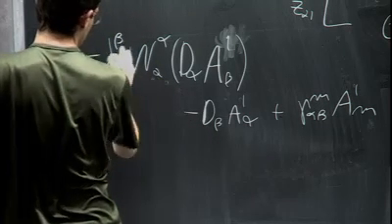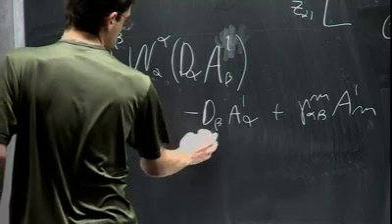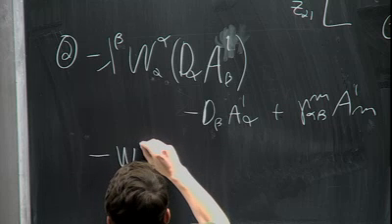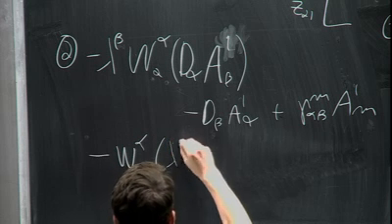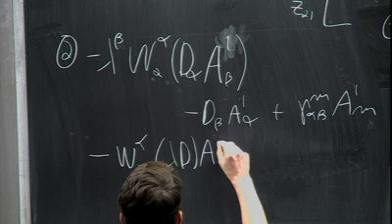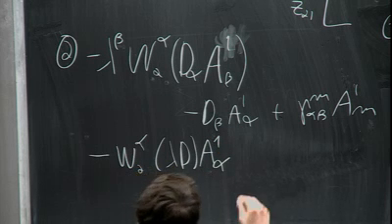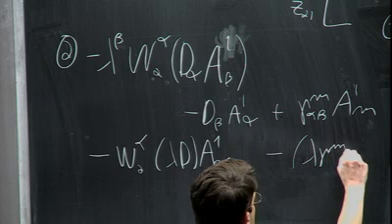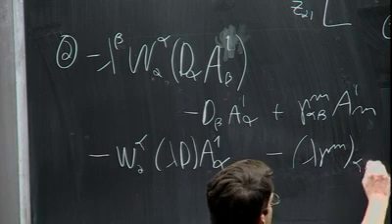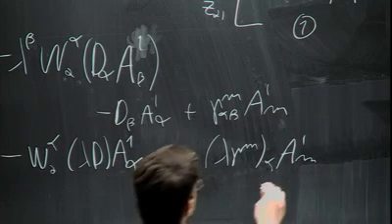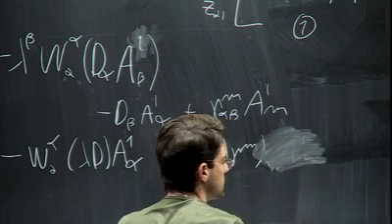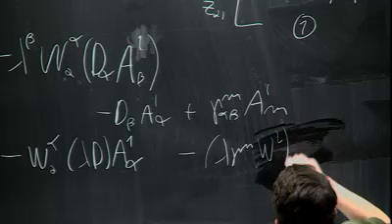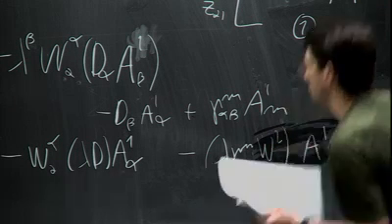So now you see what happens, because lambda^beta contracts with D_beta, and you get minus W2^alpha, and then lambda contracted with D acting on A1_alpha, and then minus just that other term here, minus gamma alpha. Oh, oops, I forgot the, right.